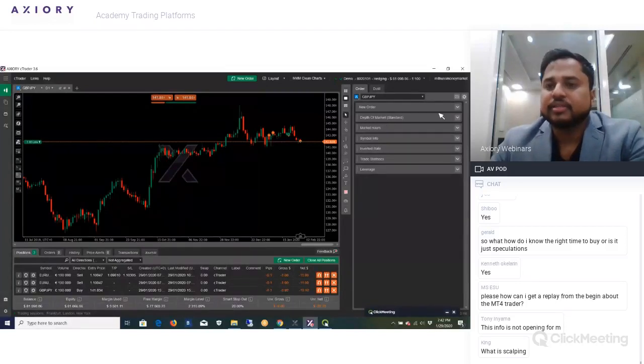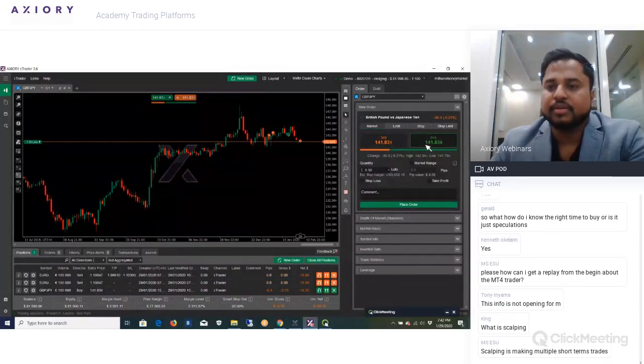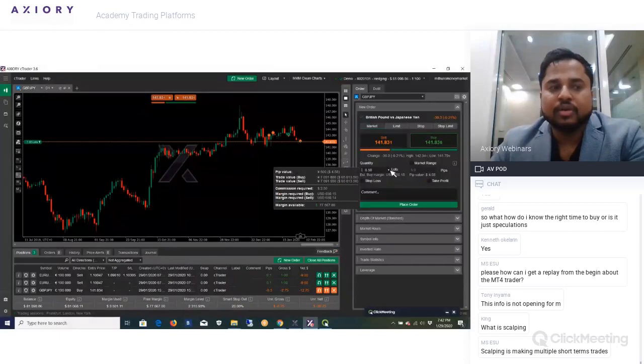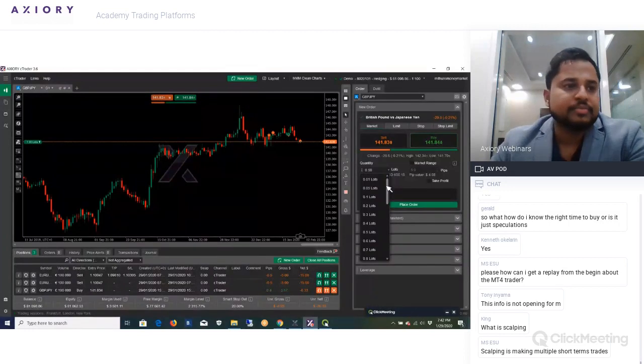On the right-hand side you can see the new order. The new order means you can select selling or buying of currencies from here. You can set the quantities here, how many you need to buy or sell.